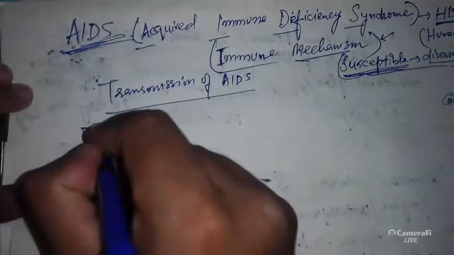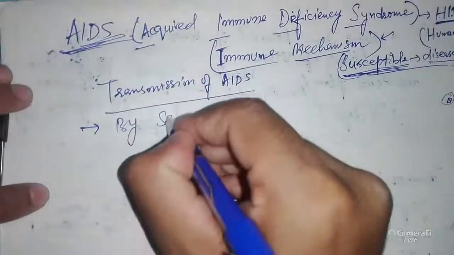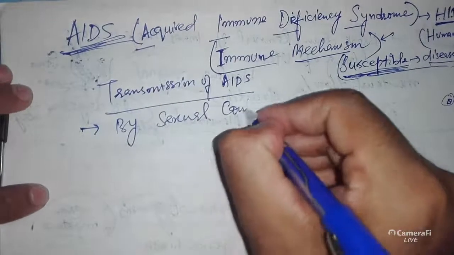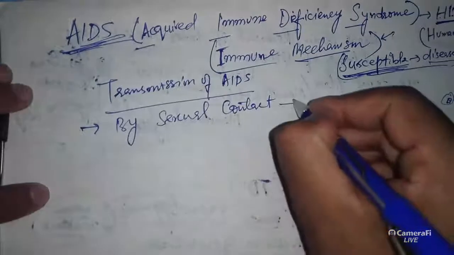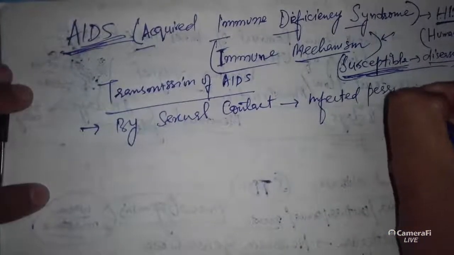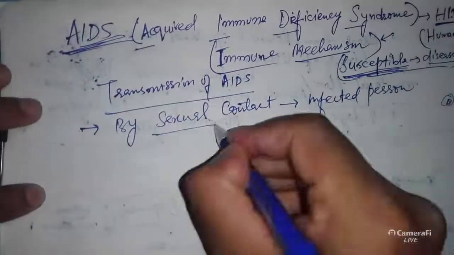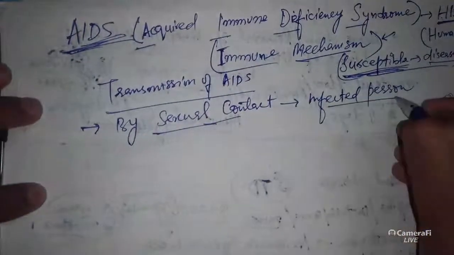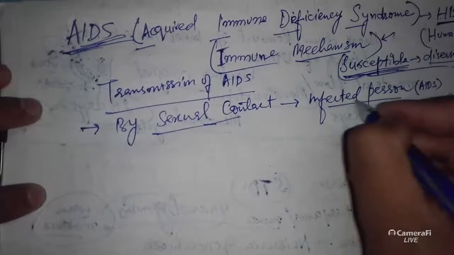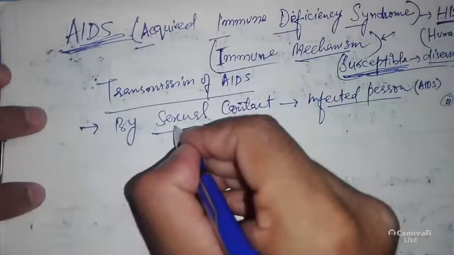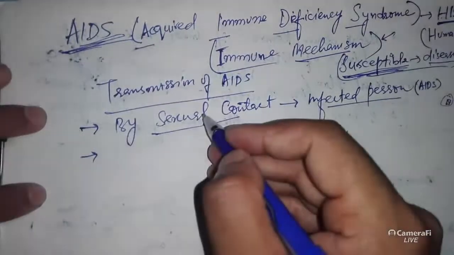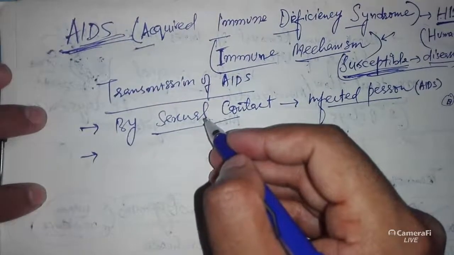Number one is sexual contact with an infected person. This person has AIDS. So whenever there is sexual contact with such a person, the healthy person who comes in contact with them gets infected by this AIDS disease.